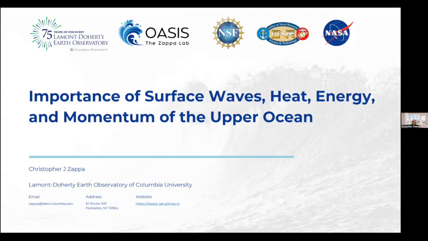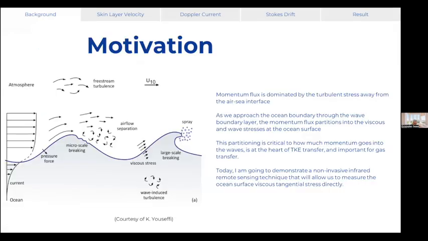And now I want to go a little bit more in detail about a couple of things we're working on that are important to those models, and I'll talk specifically about them. The first one is, so this is a simple schematic of our ocean surface that I'm going to come back to now. Away from the boundary up here, remember I talked about turbulence.